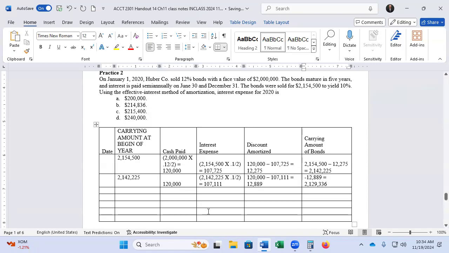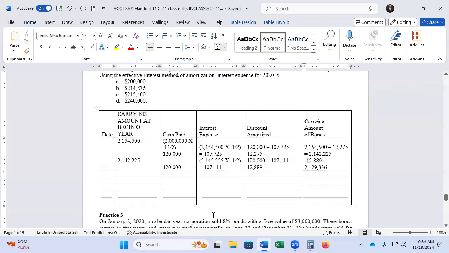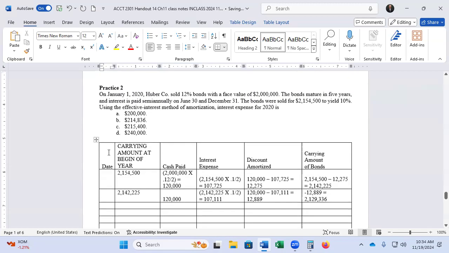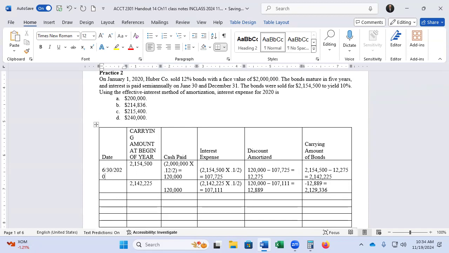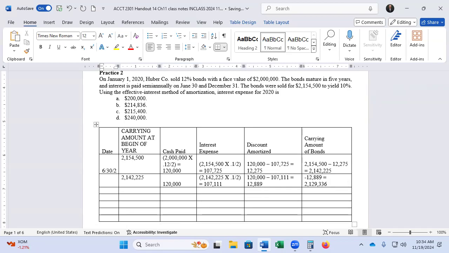$2,129,336. And so this would be 6/30/2020, and this would be 12/31/20.